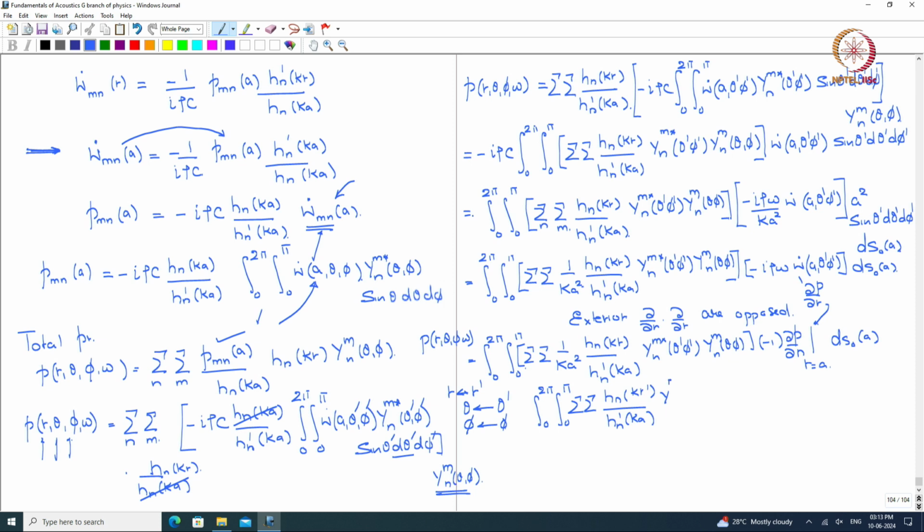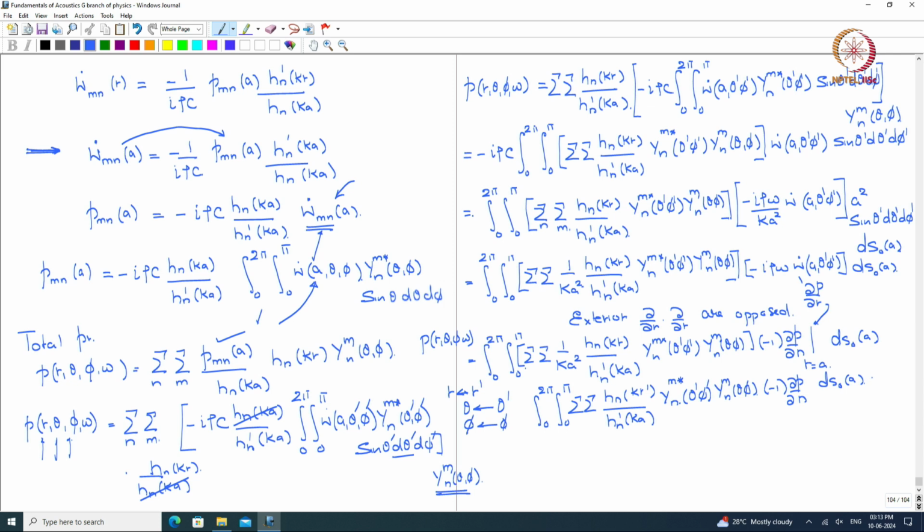Okay, Y_mn conjugate (theta dash, phi dash), Y_mn (theta, phi), minus 1 del p by del n, dS0 of a.